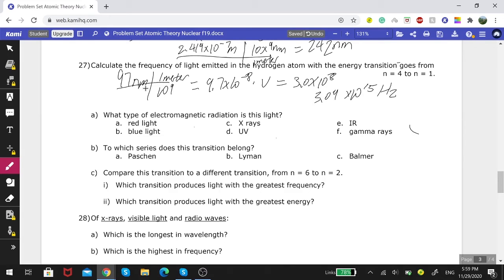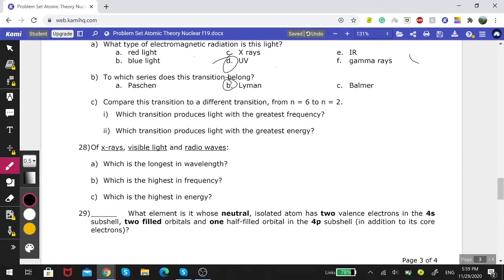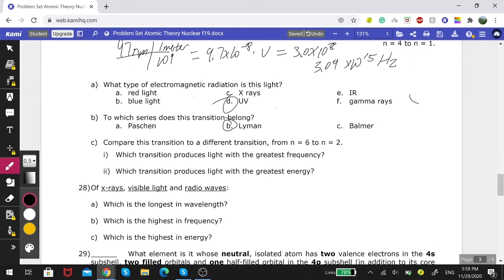Now, which type of electromagnetic radiation is this light? 97 nanometers is UV light. What series does this belong in? As we learned, the first one is the Lyman series. UV is Lyman. Now, compare this transition from n=2 to n=6. N6 to N2, that is 410.